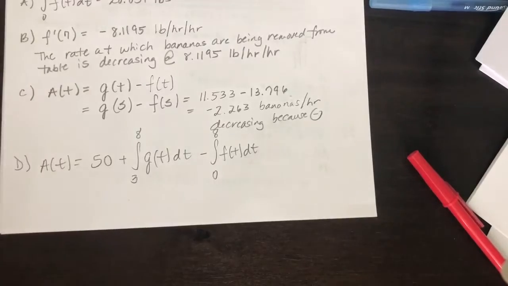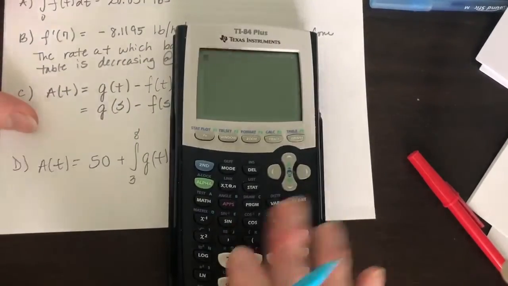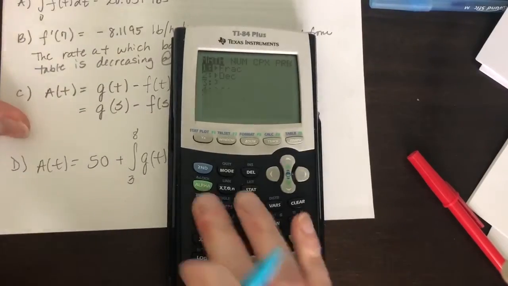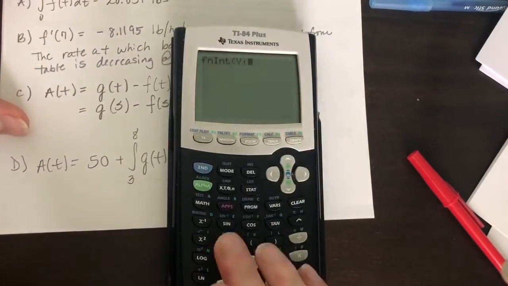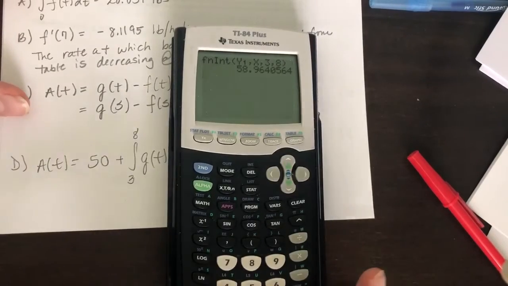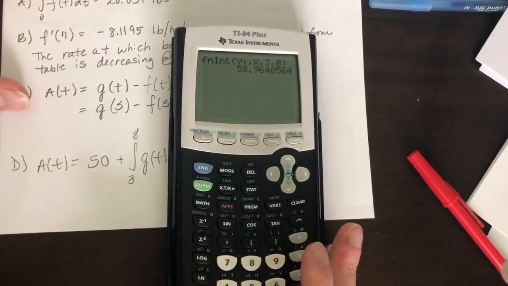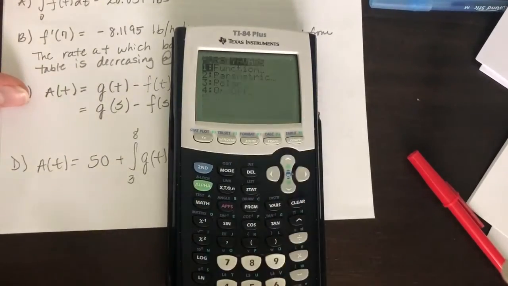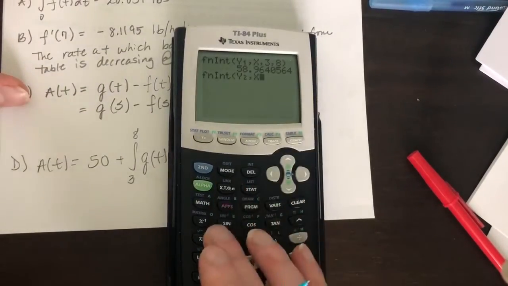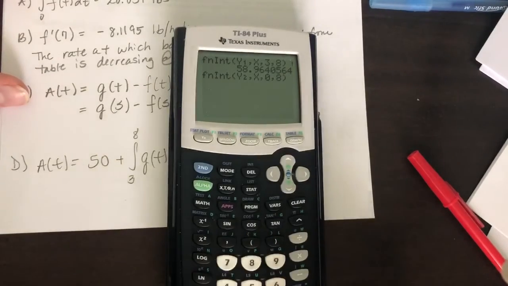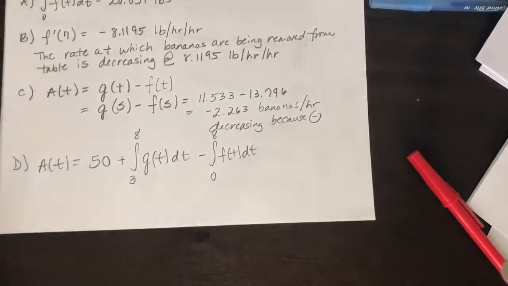Okay, so put that in the calculator. I'm going to integrate this from 3 to 8, and g of t is in y1, so math 9, vars, y1, comma x, comma 3, comma 8. Okay, so I get 58.9641. Then I'm going to math 9, integrate y2 from 0 to 8. You get 85.6166.